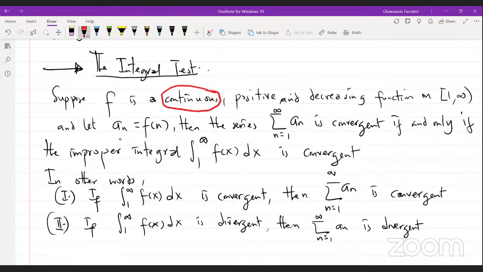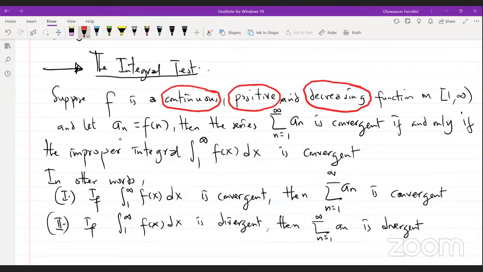The second hypothesis is that it has to be positive. And the third is that it has to be decreasing. When these three conditions are satisfied, then you're good to investigate the improper integral.